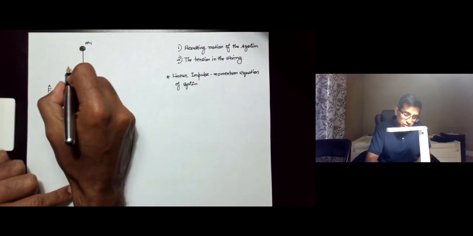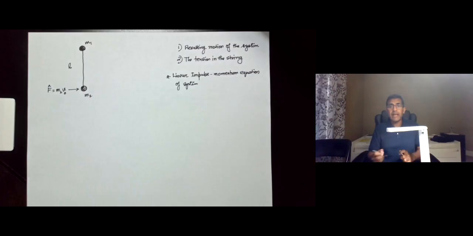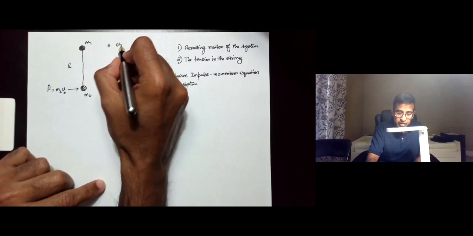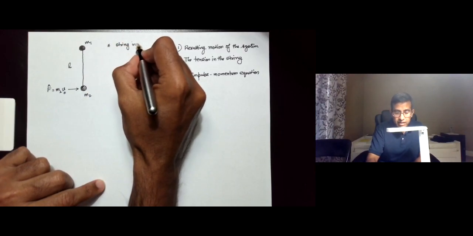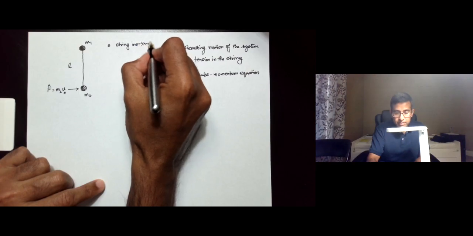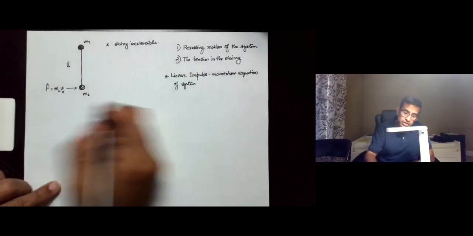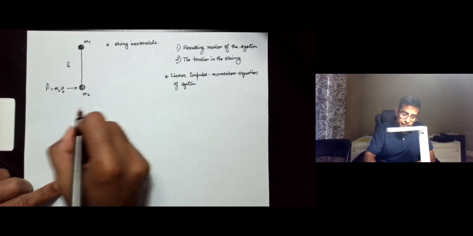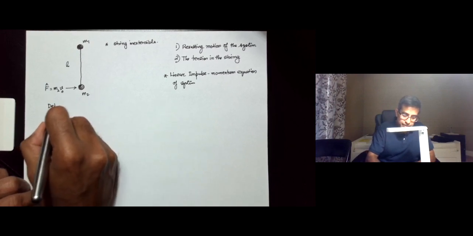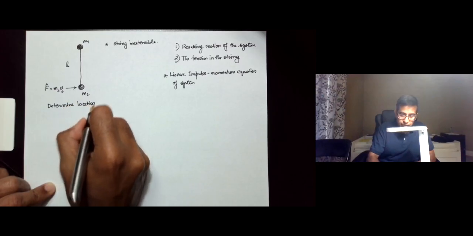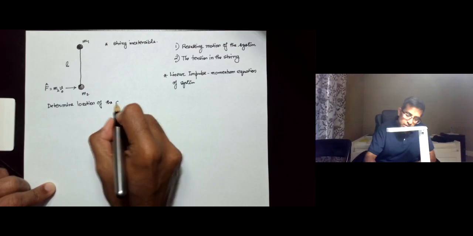By the way, it is also given that the length of this string is L and the string is inextensible. So just to clarify, the string is inextensible, so the length always remains L. So now first what we'll do is we will determine the location of the center of mass.